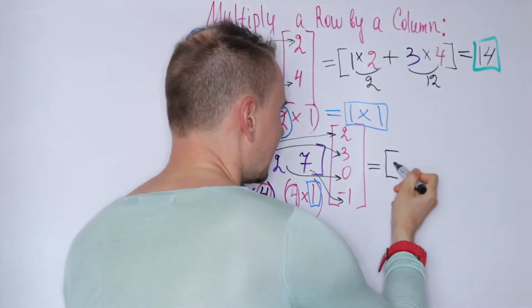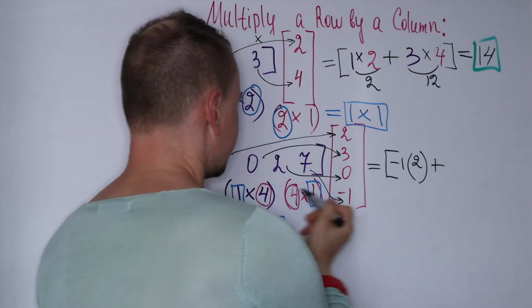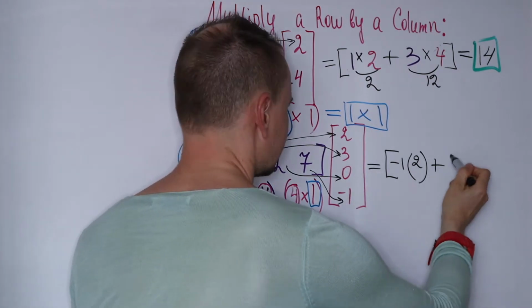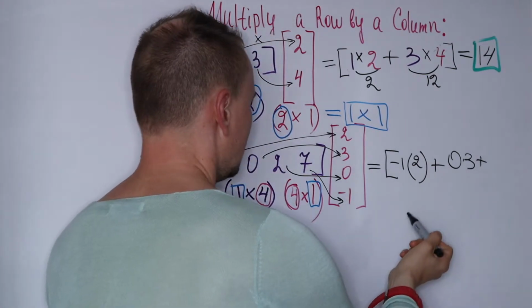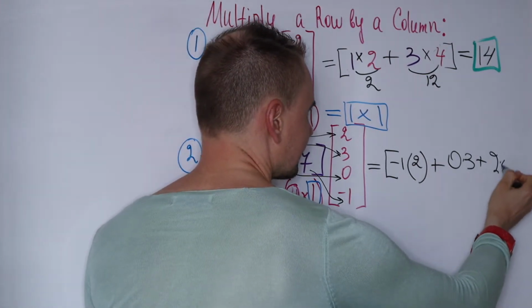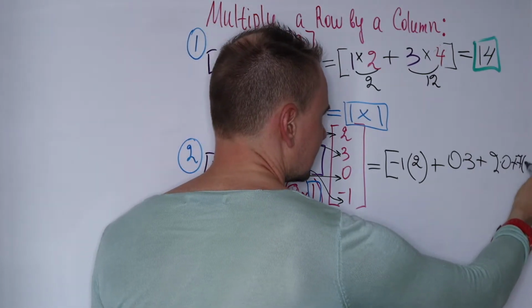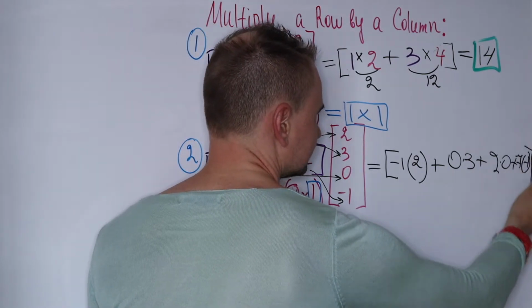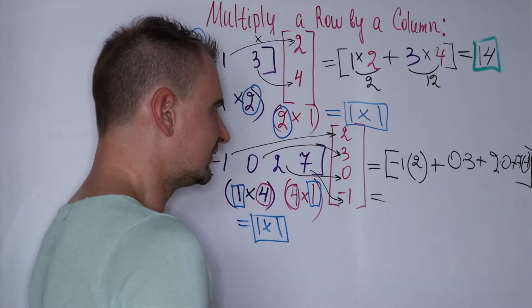So it becomes -1 times 2 plus 0 times 3 plus 2 times 0, and finally 7 times -1. And all you do is compute this number.